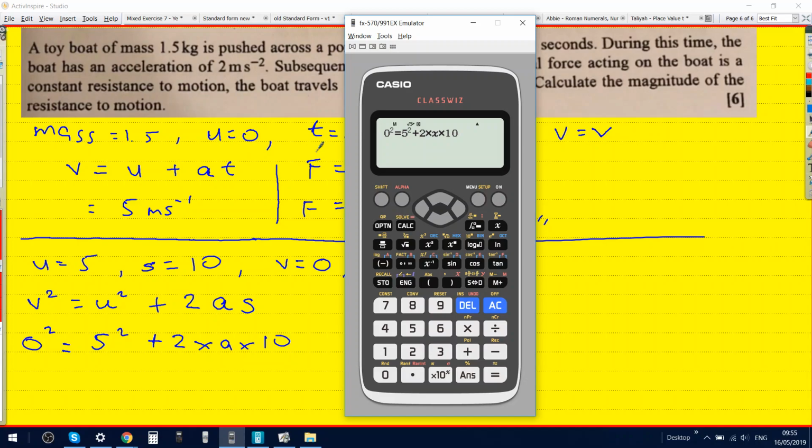So a is minus 1.25. Shift solve. You can see how I just put it into my calculator. The working out, shift solve, equals minus 1.25.